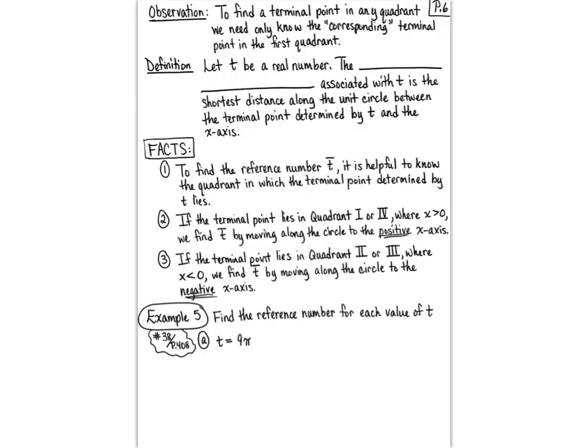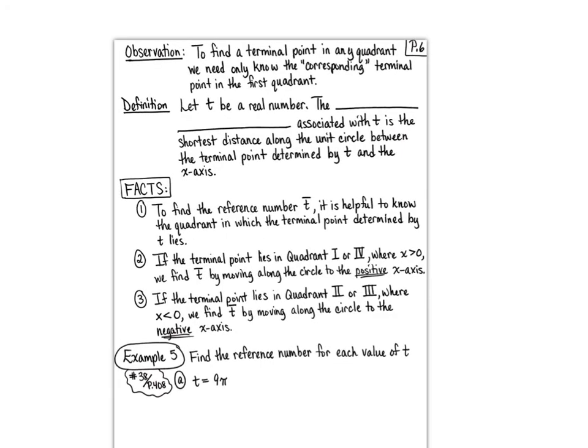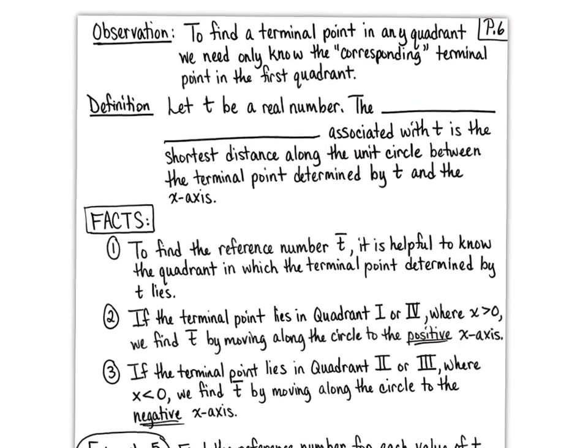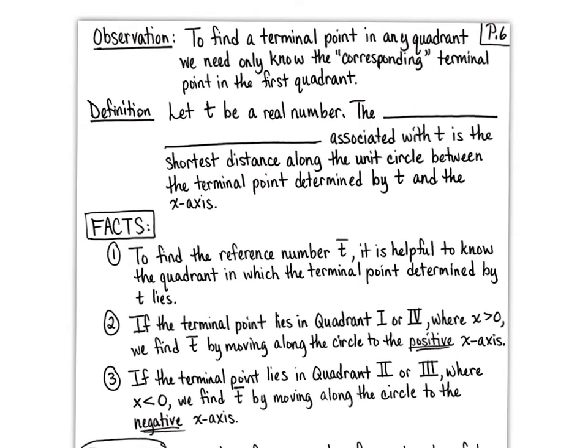Now let's just make an observation. To find a terminal point in any quadrant, we need only know the corresponding terminal point in the first quadrant, right? So this observation says, let t be a real number.